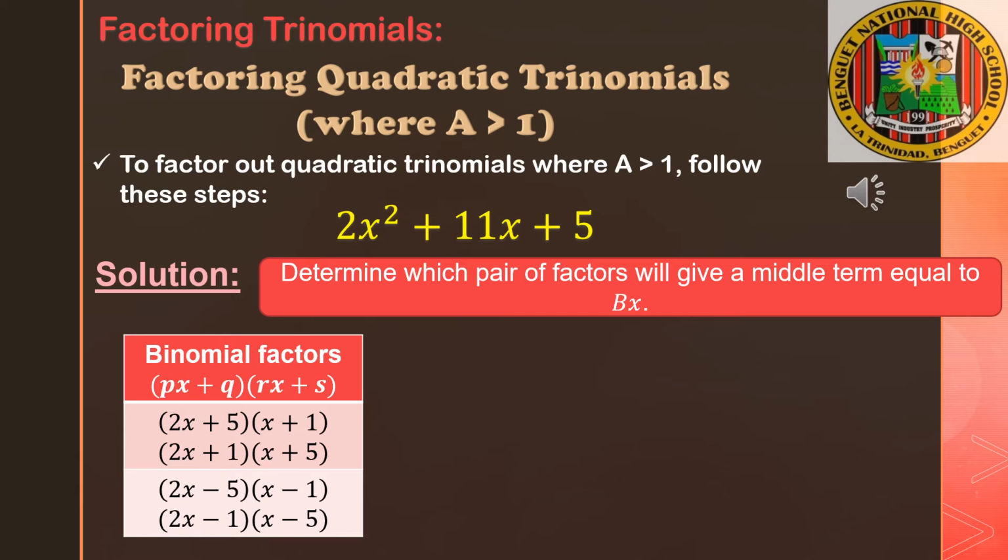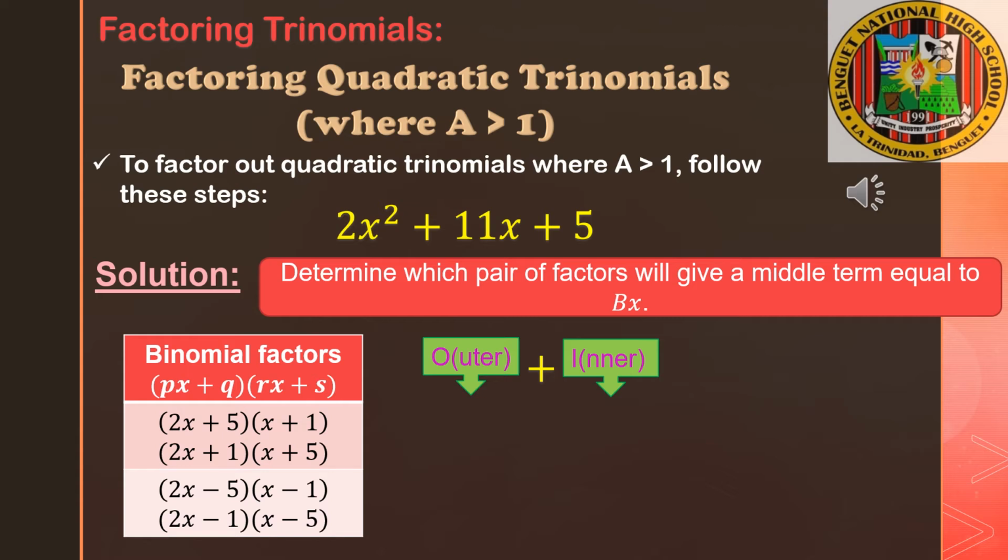Solve for the product of the outer and inner terms, then add these products together. Whichever pair of factors gets an answer equal to the value of bx, or the second term of the trinomial, will be the correct binomial factors for the trinomial.